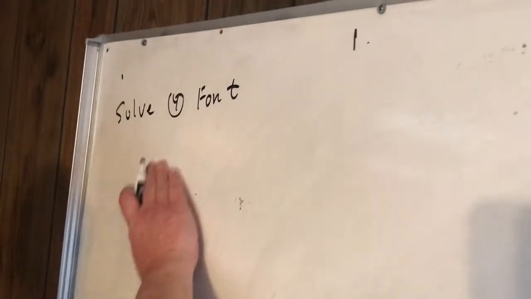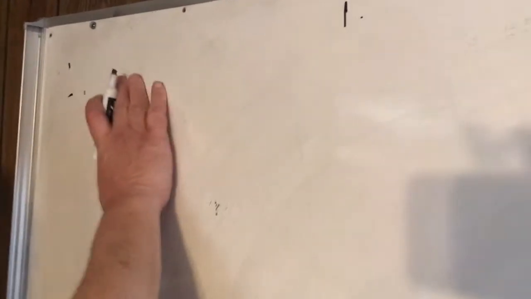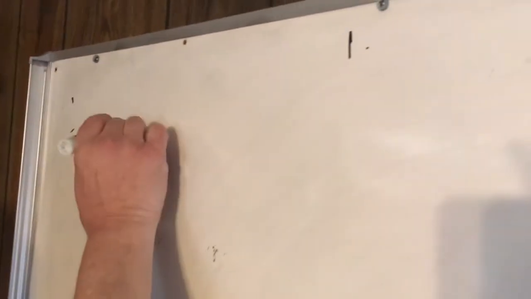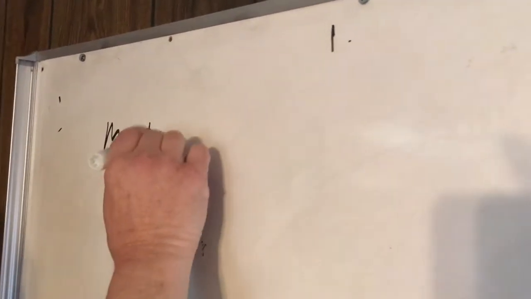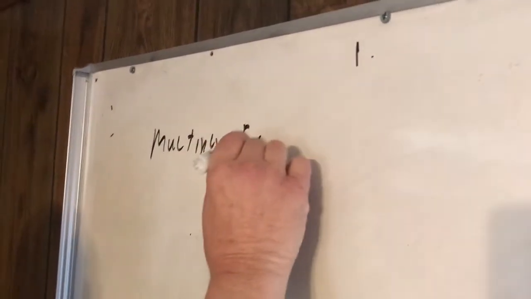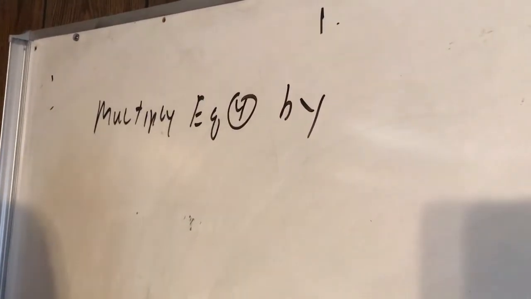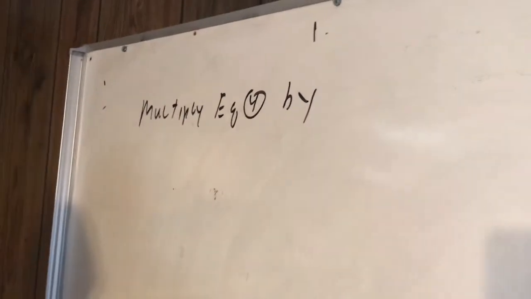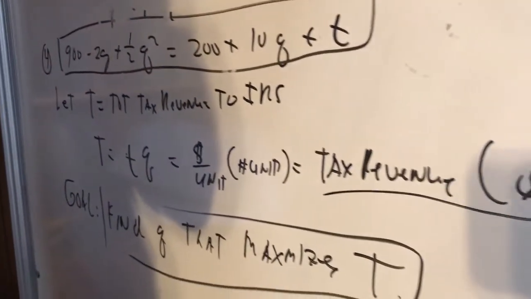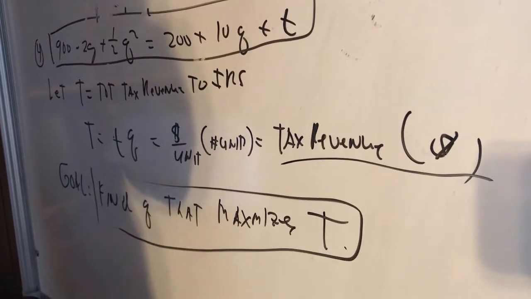Actually, what I'm going to do first is, sorry, I'm going to multiply equation 4 by, but I want TQ, so let me do that again. Let me solve it for T first.